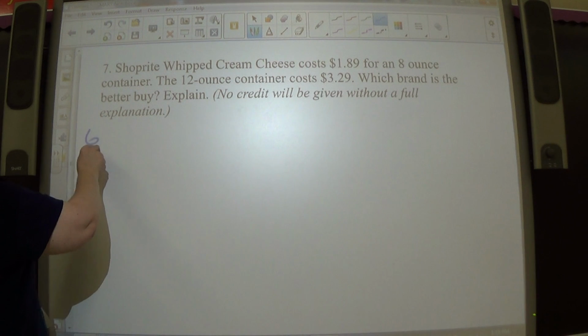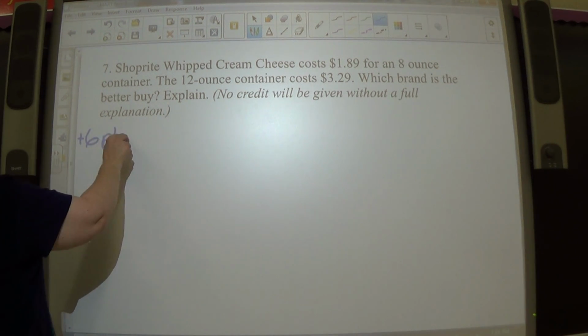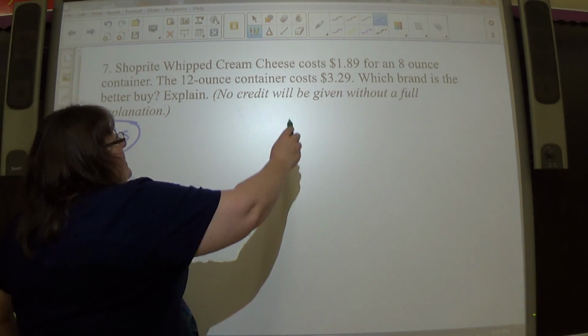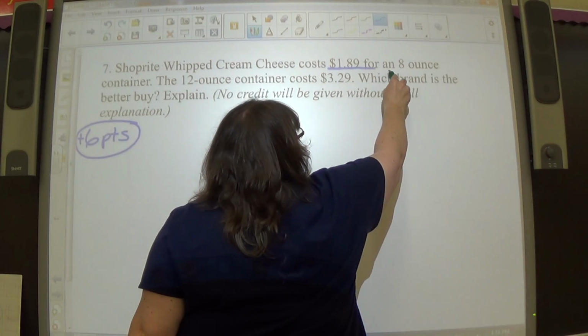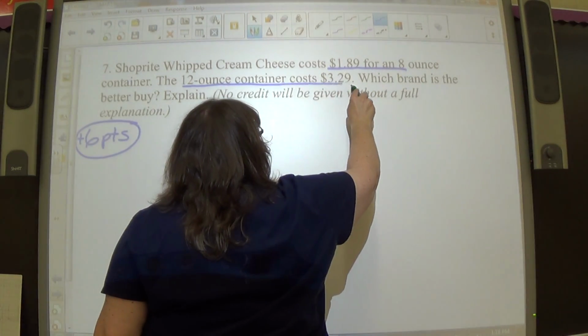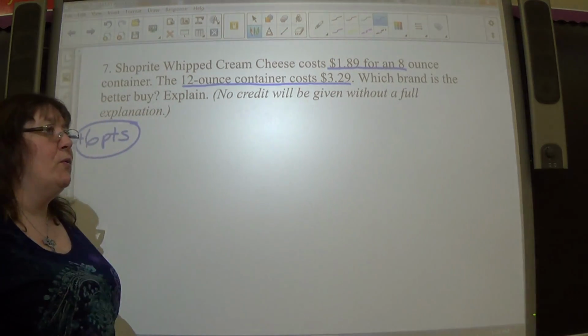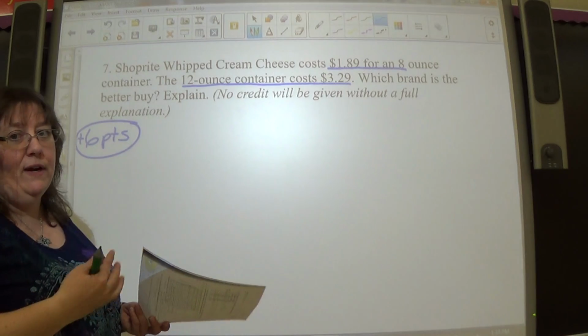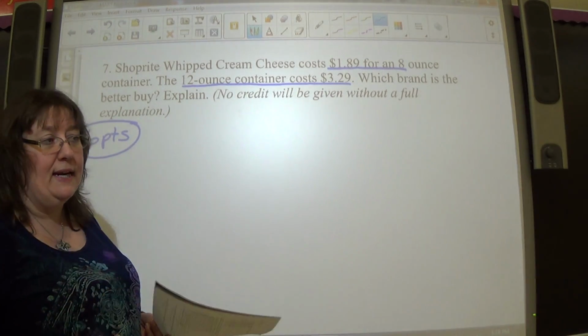This one was worth 6 points. Okay, because there's a lot more to this. Now, you have to take into account $1.89 for 8 ounces and 12 ounces at $3.29. Okay? Some people were going, oh, the 12-ounce can is better because it's cheaper if I do one of those versus 8 ounces.